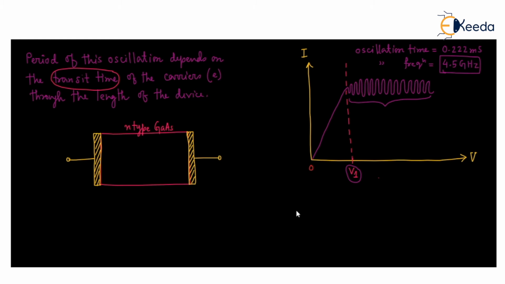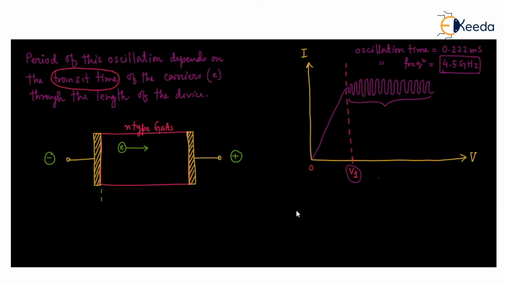Now, the electrons will traverse in this direction if we apply positive potential here and negative potential here.